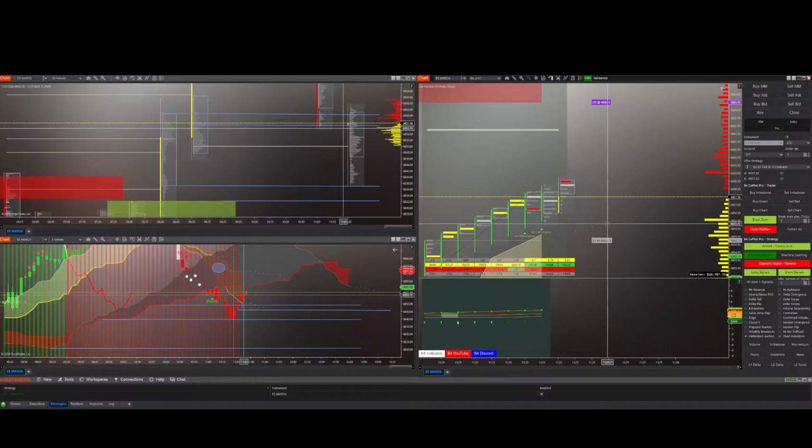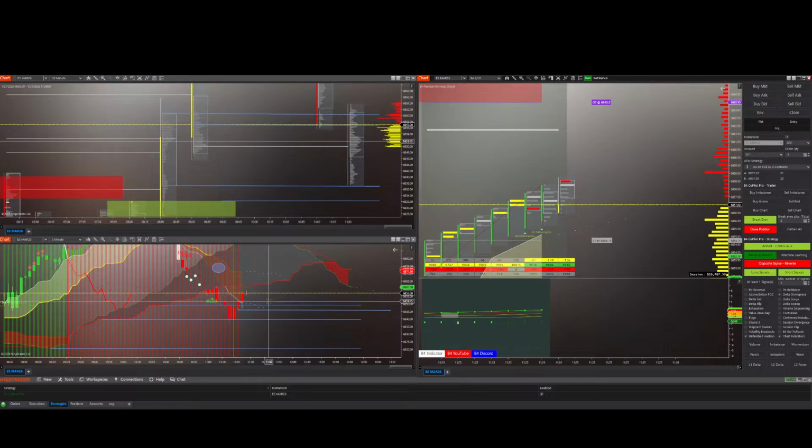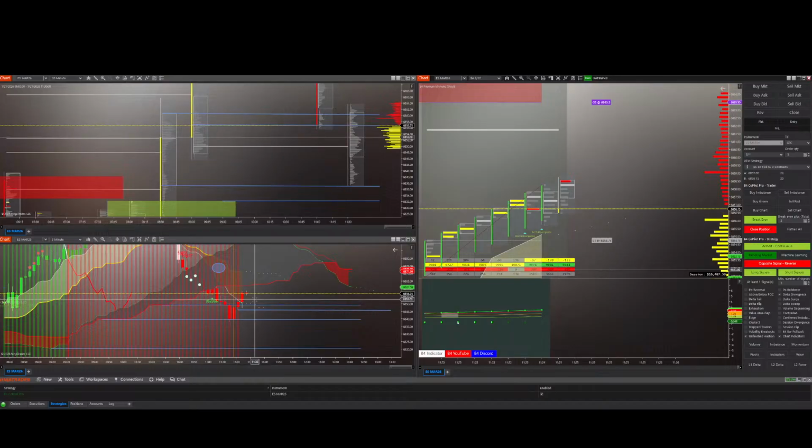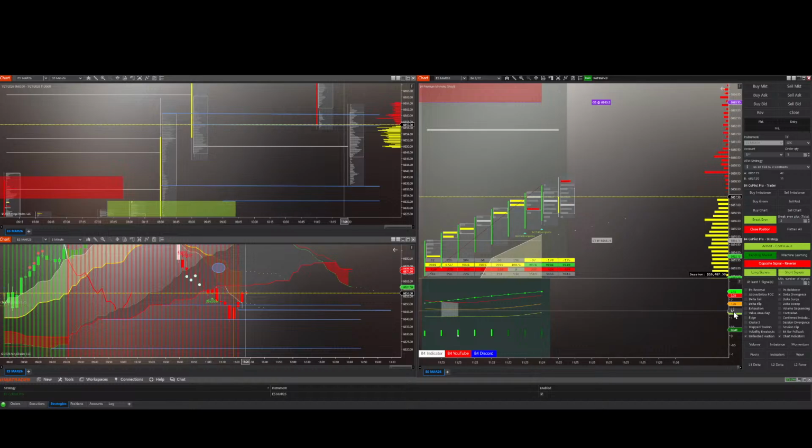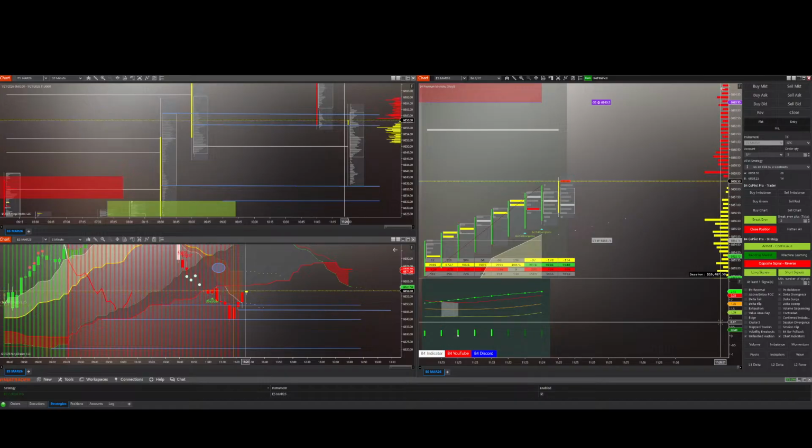Stop filled. We're at 2.45 on the Lower B4 indicator here. We still got some potential upside. Order filled.